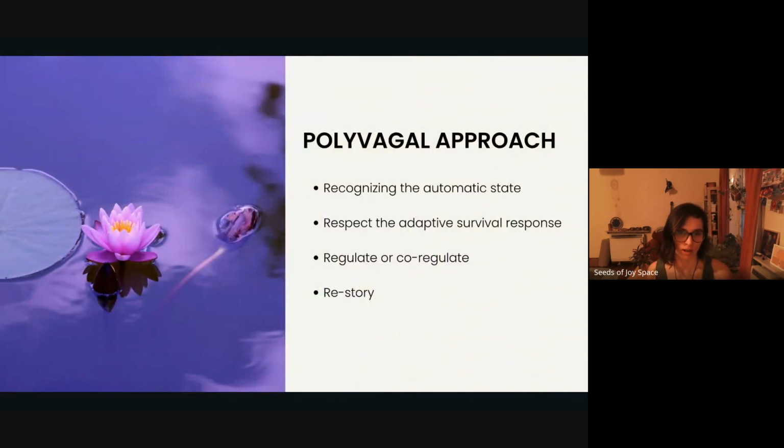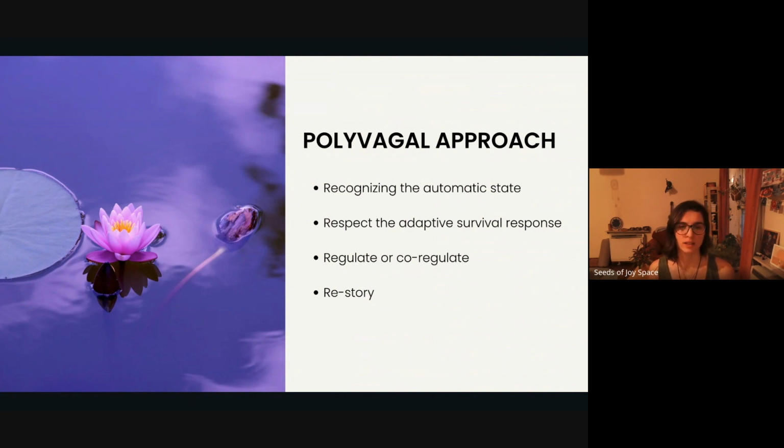And then just to sum up, what is the polyvagal approach? There are 4 steps, let's call them steps. It's about recognizing the autonomic state. These states have a function, and when we know the language, we can recognize them moment by moment.